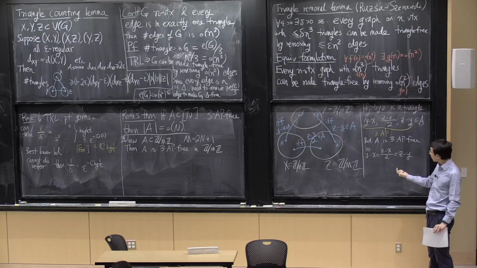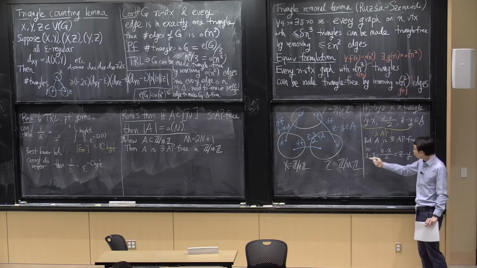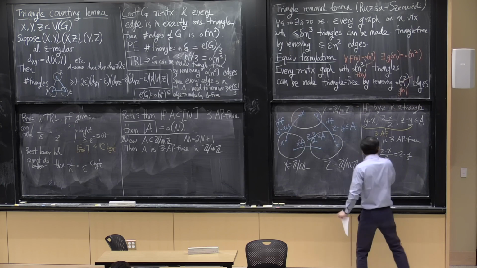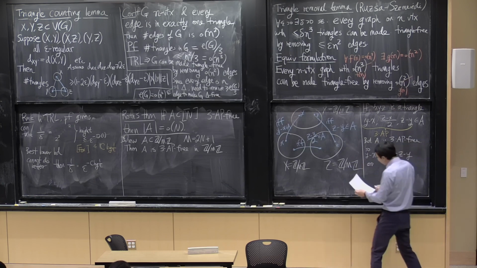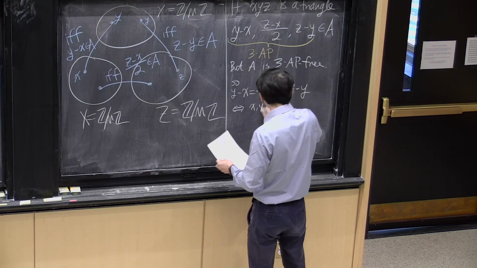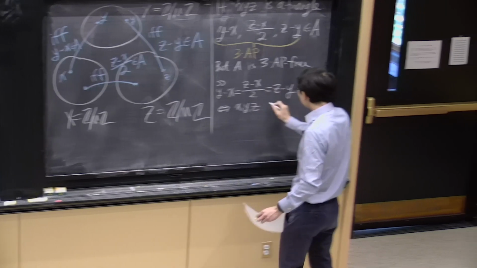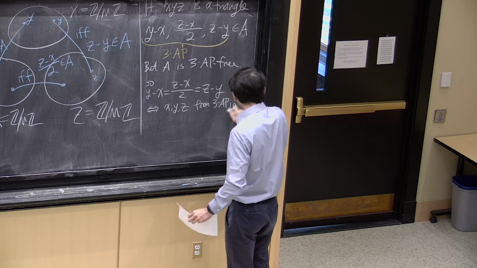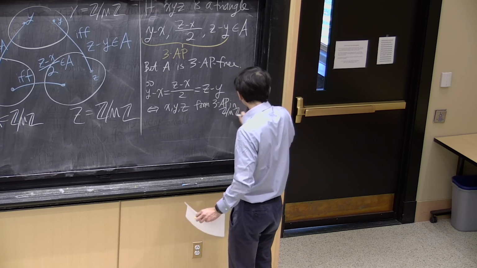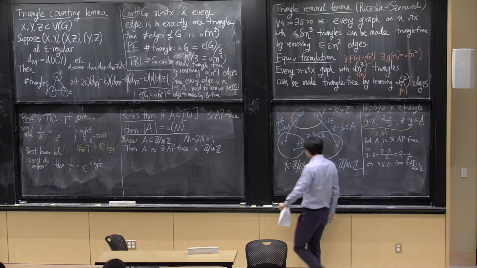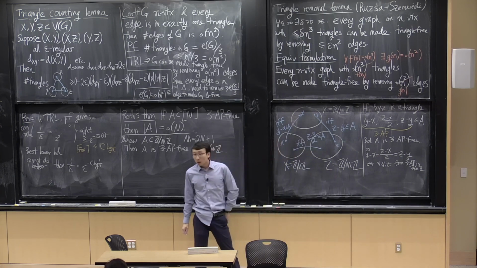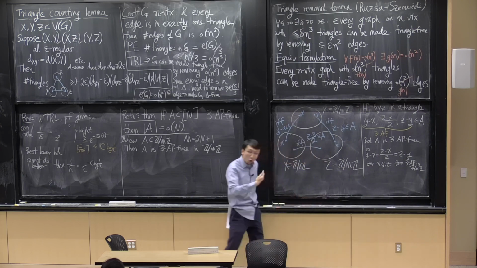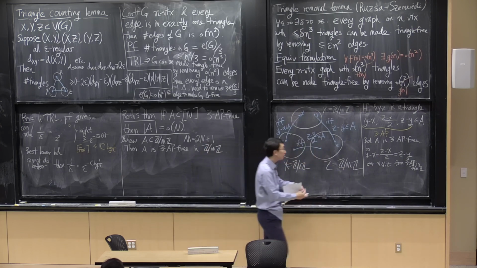And in particular, you see that if you select x and y, it determines z. And this equality here is the same as saying that x, y, and z themselves form a 3AP in Z mod m. So this is precisely the description of all the triangles in the graph.